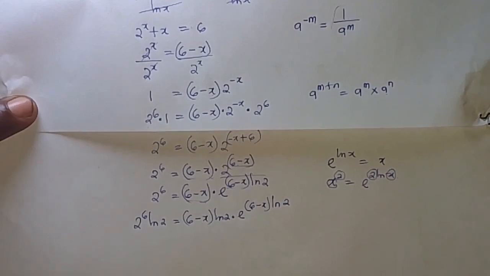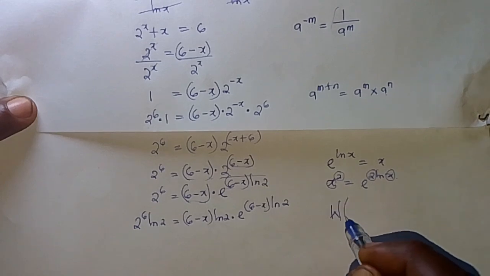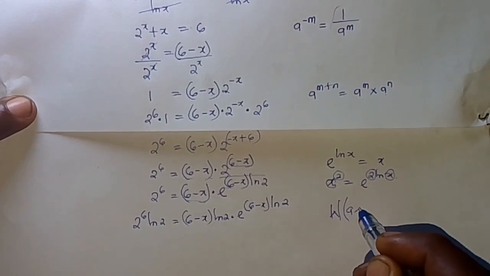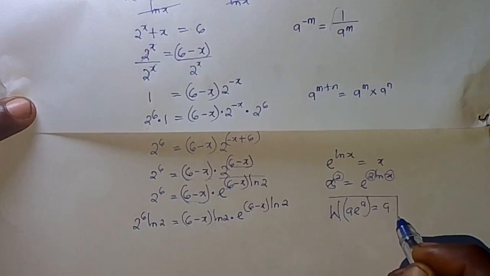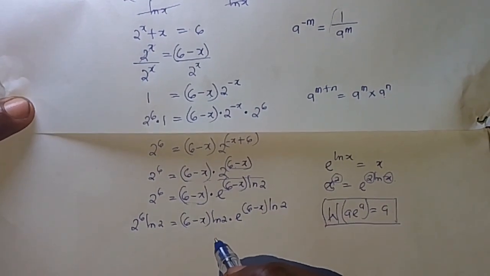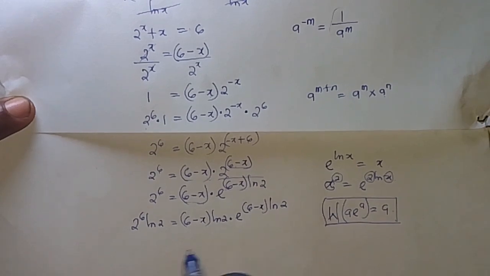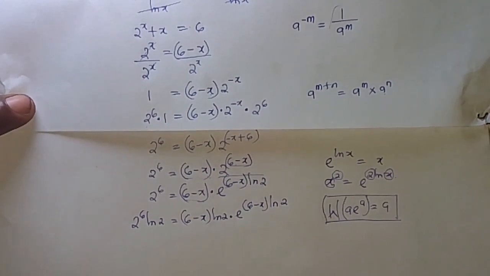So we still need to recall the law that the Lambert W function of any expression in the form of a multiplied by e to the power of a equals a. So we have to continue to apply this law here to solve this problem. For us to solve this problem, we have to take the Lambert W function at both sides.